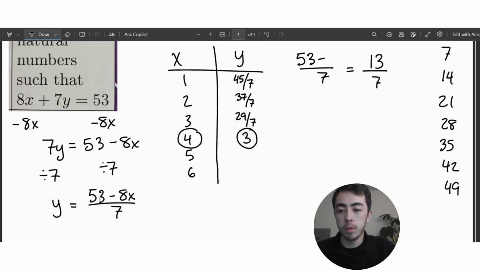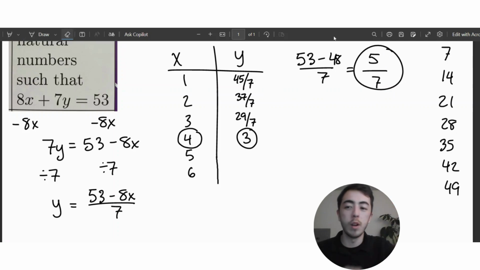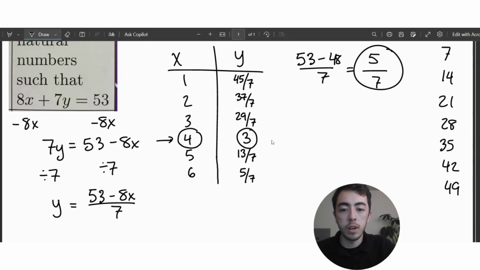And then lastly, when I plug in x equals 6, here is a 48. 53 minus 48 is 5. And then this number is less than 1. So it's less than my smallest natural number. That's also not going to work. I'll record the values in the table, but I'll know that the only natural number that showed up for both x and y is this 4 and this 3.